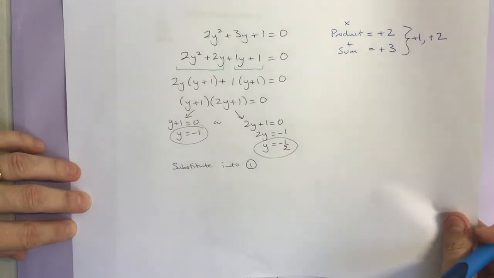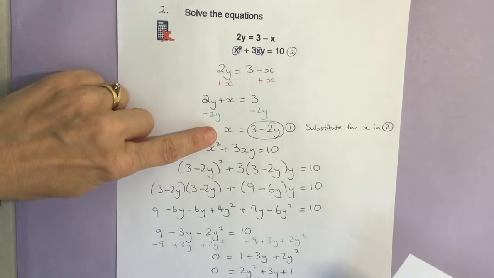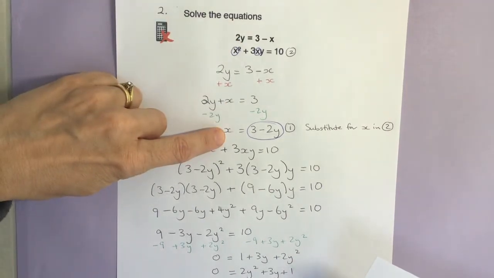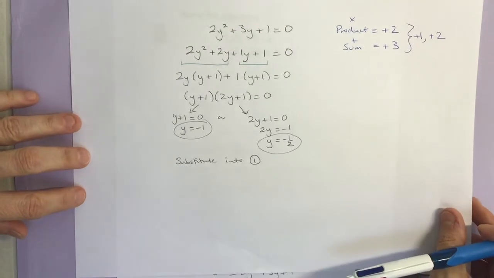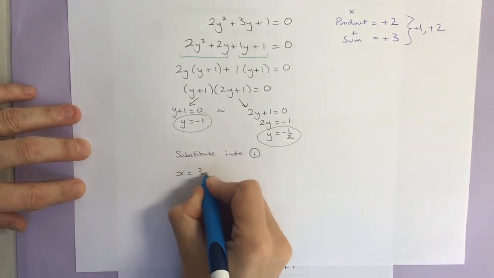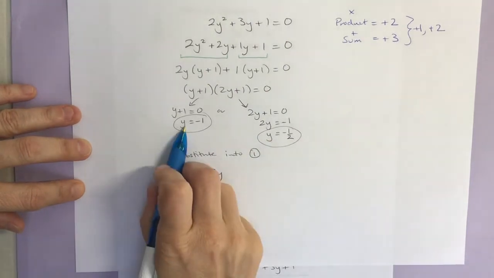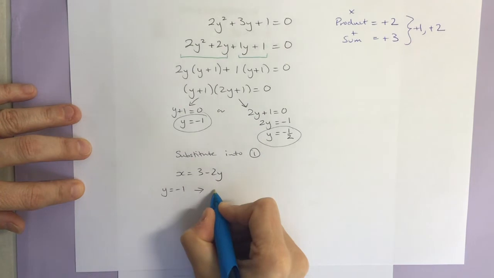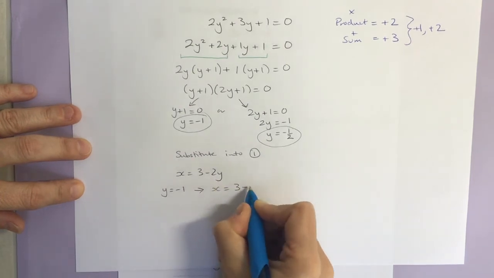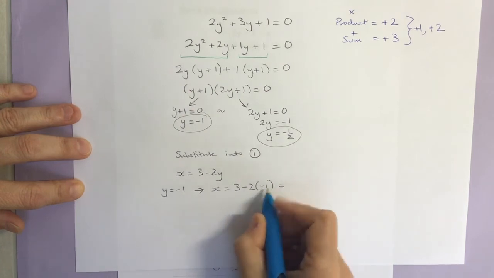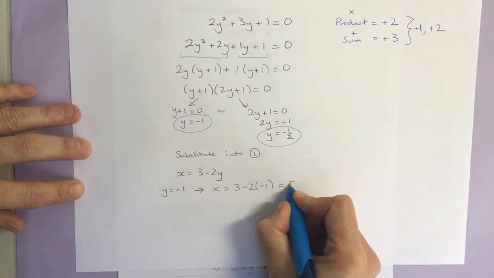And if we just look back at our last page, equation 1 was here, x equals, from this linear one, x equals 3 minus 2y. So x equals 3 minus 2y. So let's sort this out. When y is minus 1, that's going to give me x equals 3 minus 2 times minus 1. So 3 plus 2, which is going to be 5.